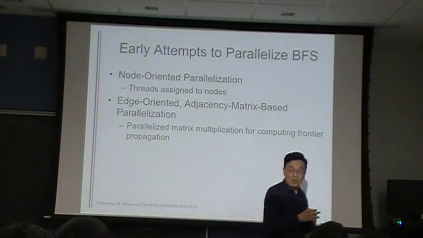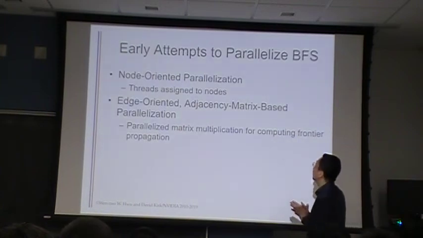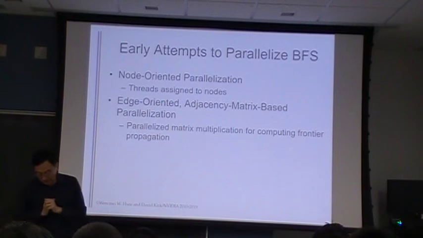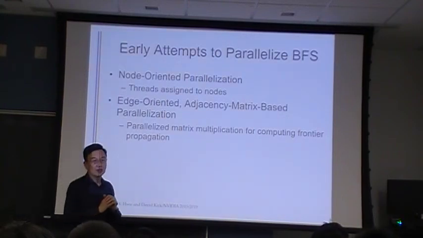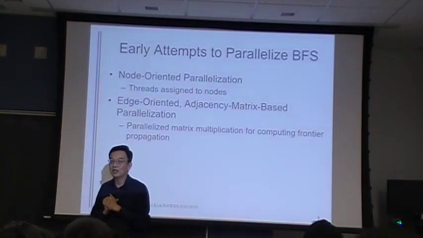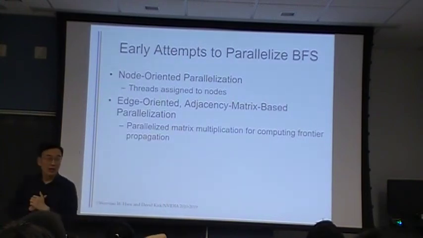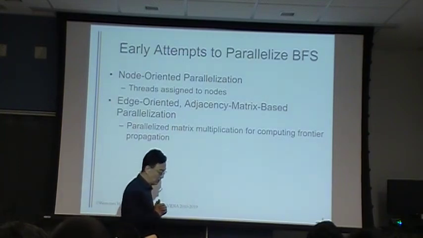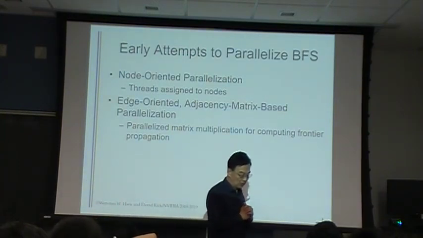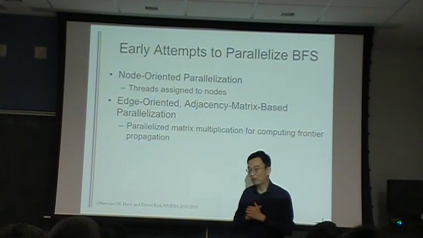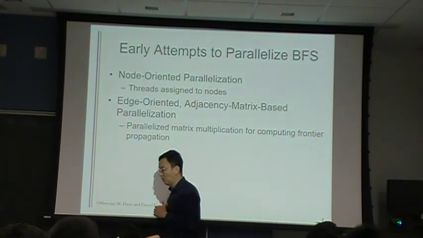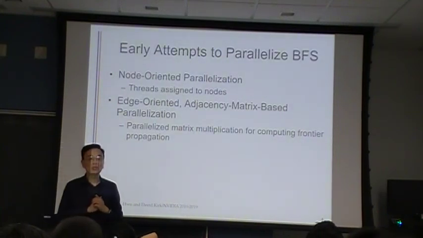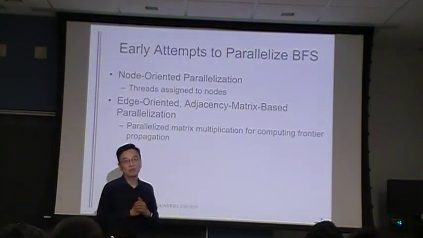So now, there are some earlier attempts to parallelize BFS. Mathematicians and algorithm designers have been looking at these kinds of problems for years. And there are typically 2 kinds of approaches. One is what we call the sparse matrix traversal kind of approach, and the other one is algebraic matrix multiplication or matrix vector multiplication kind of approach.